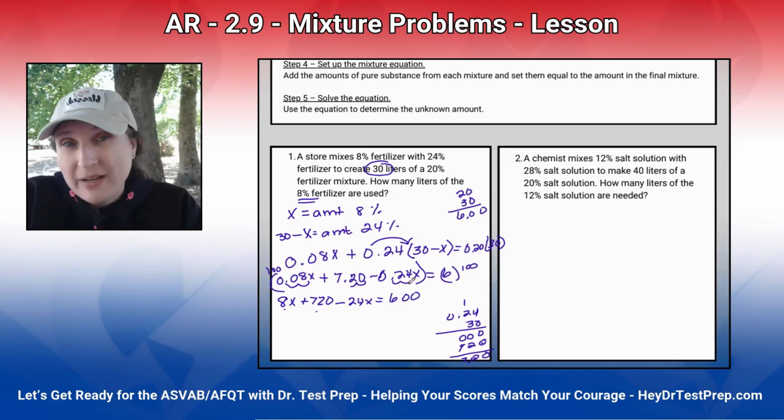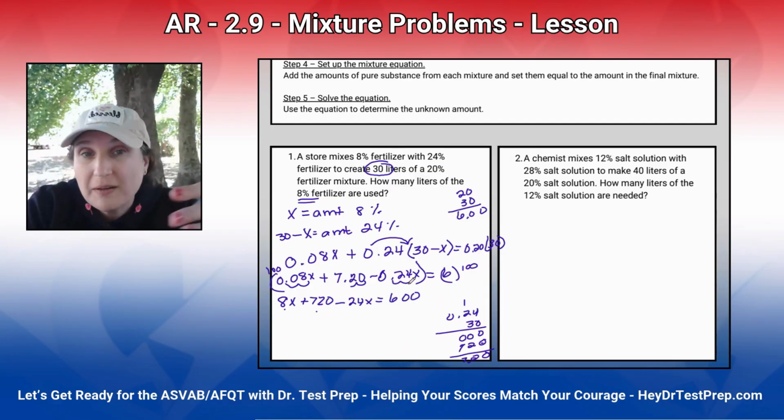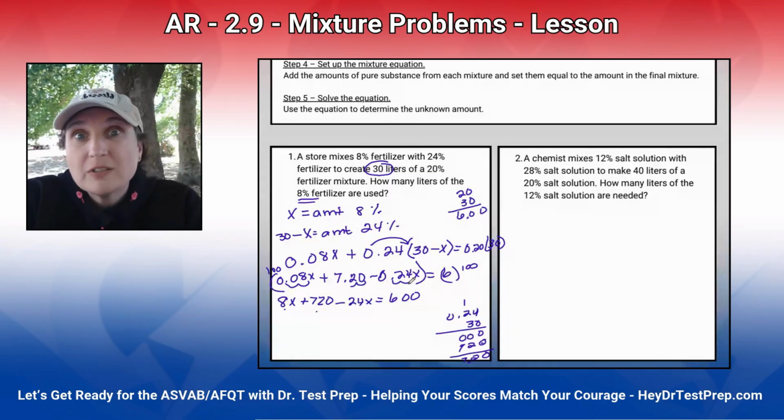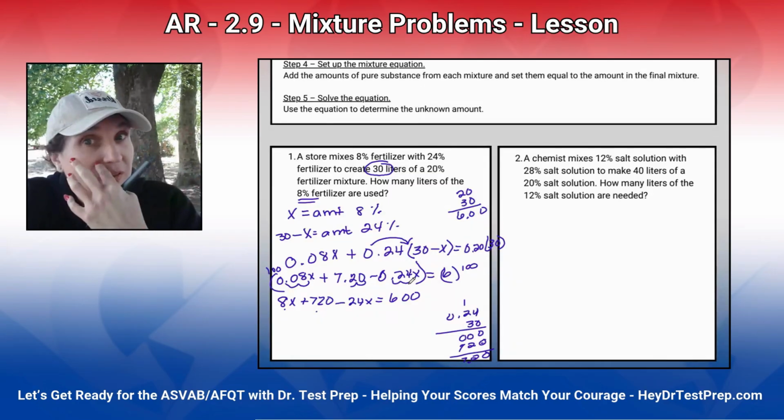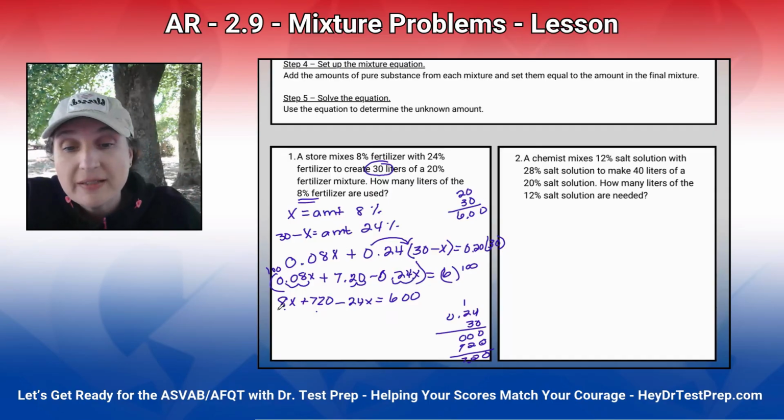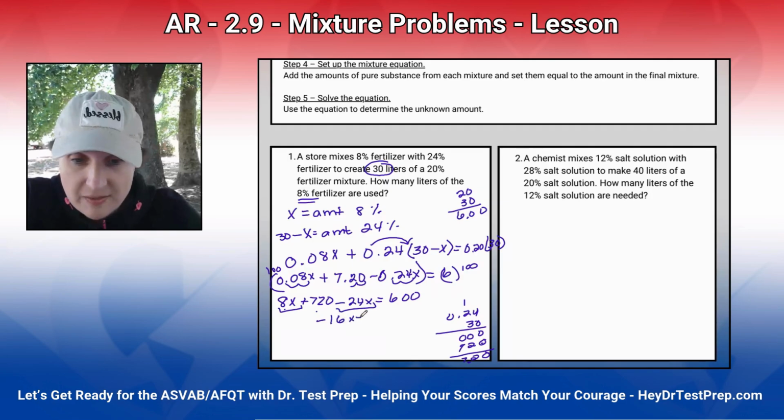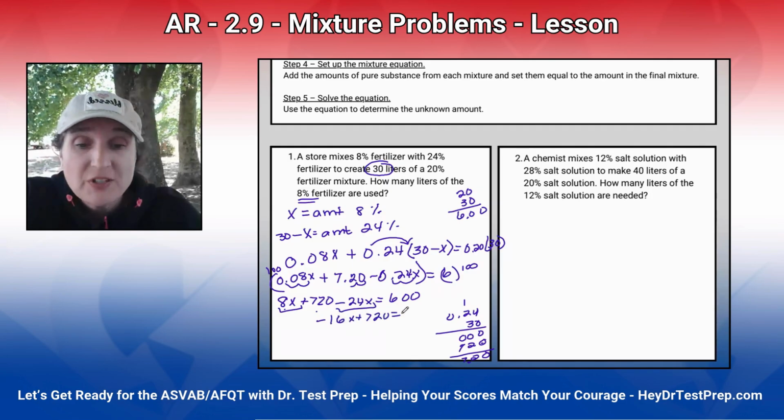That way I don't have to keep track of decimal points because I just multiplied by a multiple of 10 for the number of decimal places. All right, anyway, combine like terms. 8x minus 24x gives me negative 16x plus 720 equals 600.